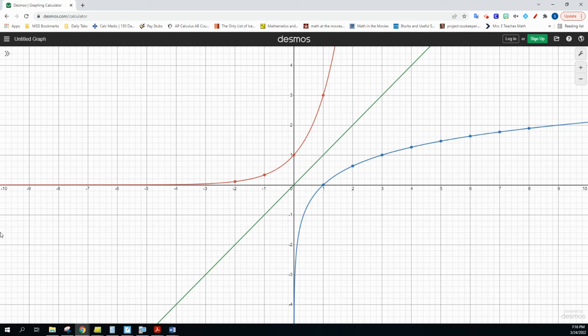If we pick a point on the red graph, for instance, this point here, which is 0, 1, on the inverse, we should have the point 1, 0, which we do here. If I pick another point, for instance, this point, which is 1, 3, I should have 3, 1 on my inverse graph, which I do. So that's a visualization of what the inverse of an exponential is, which is a logarithm.